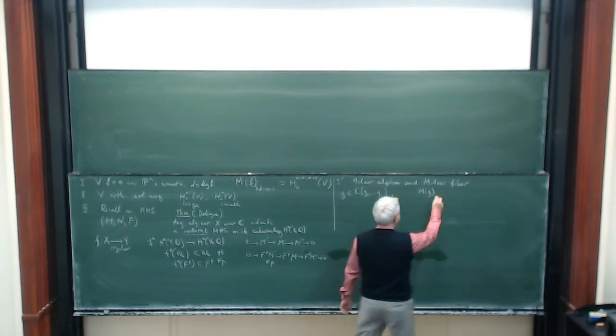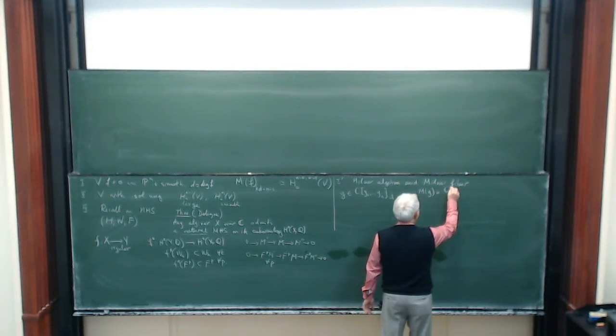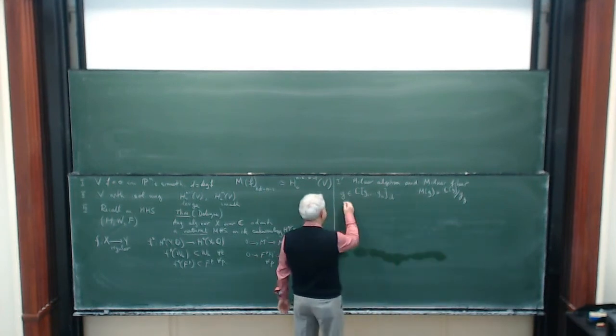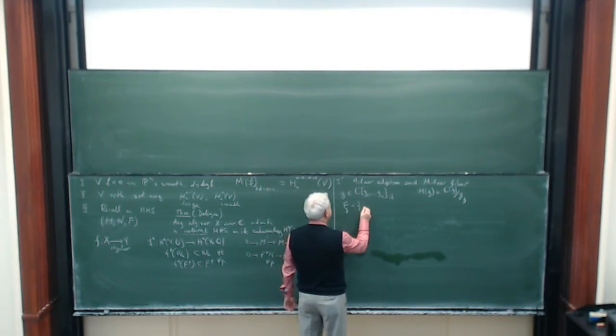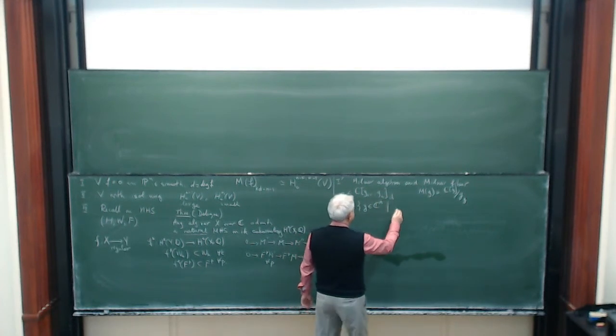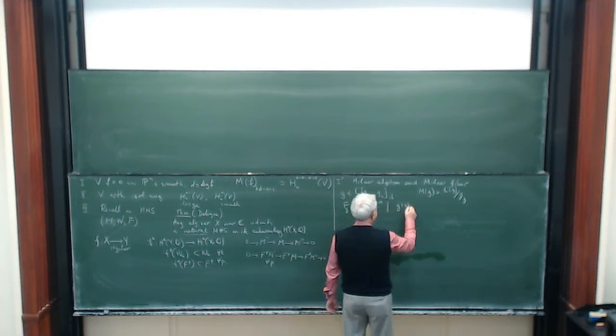You know what it is: it's a polynomial ring divided by the Jacobian ideal of G. And I consider the Milnor fiber of G, which is the set of points Y in Cn such that G of Y equals 1.